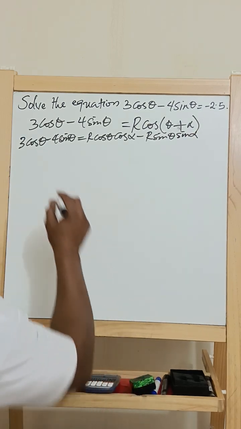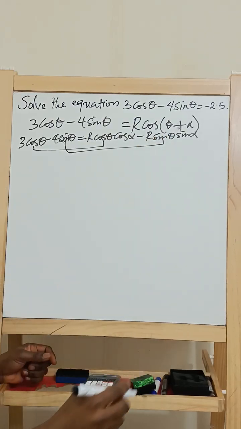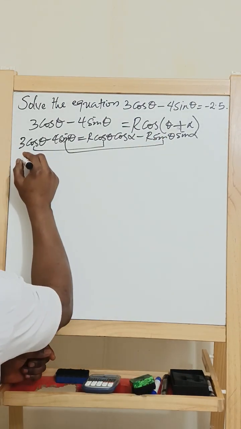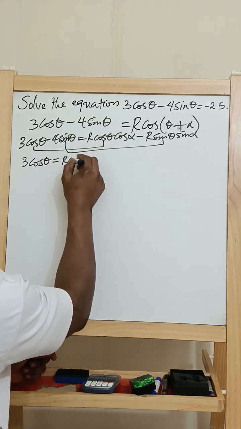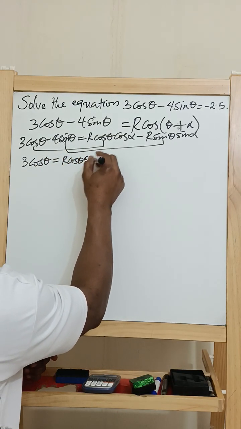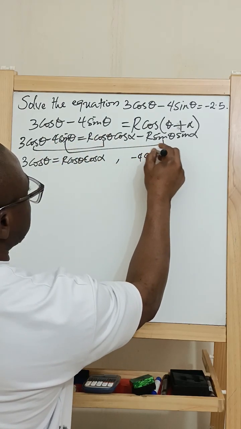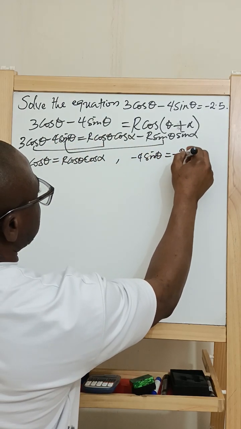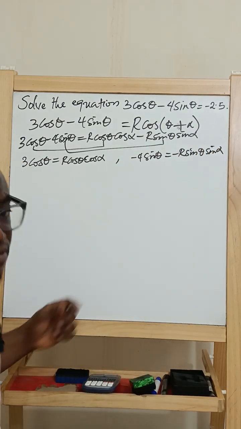We compare this with this, and also compare this with this. So 3 cos theta equals r cos theta cos alpha. Then we compare minus 4 sine theta equals minus r sine theta sine alpha.